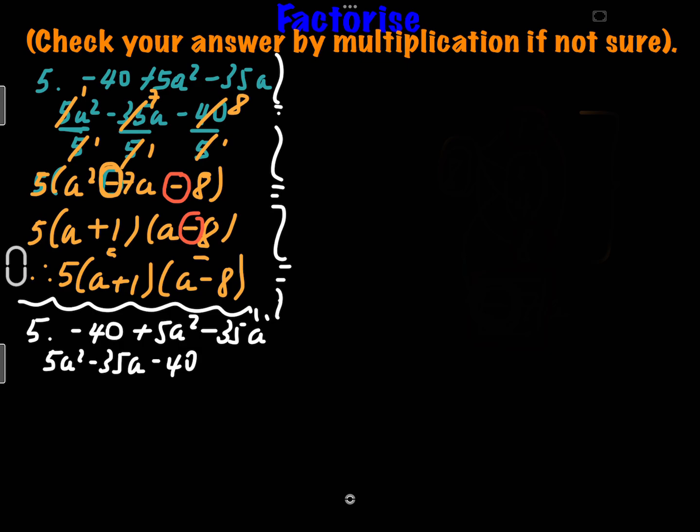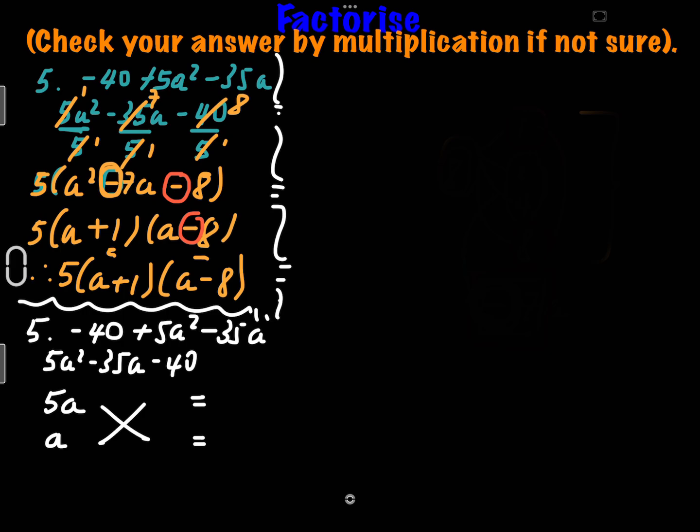So what we do now is to have 5a. We know that 5a multiplied by a will give us 5a squared. Remember, what we need to do now is to cross multiply.